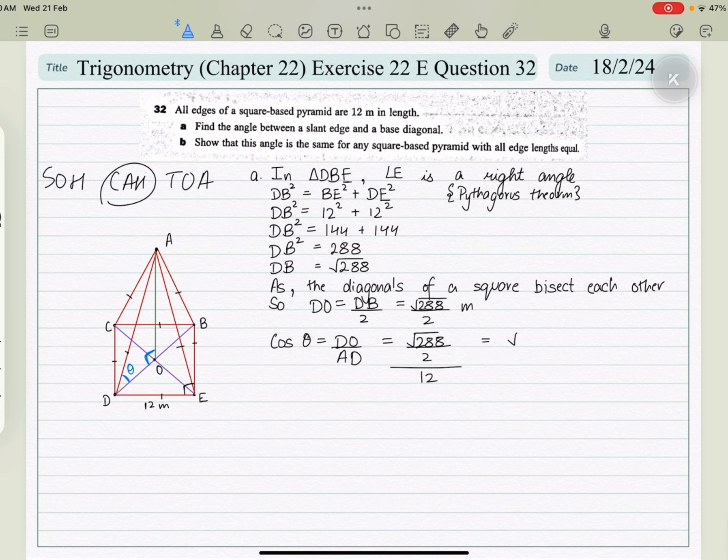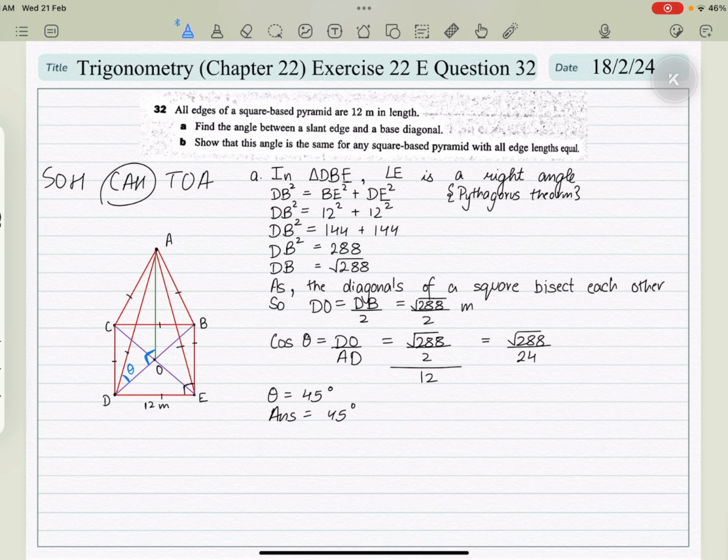That will give us root 288 upon 24. That's 12 into 2. Now if we solve it in your calculator, you're going to get theta is equal to 45 degrees, and that's the answer. You're going to write answer is equal to 45 degrees.